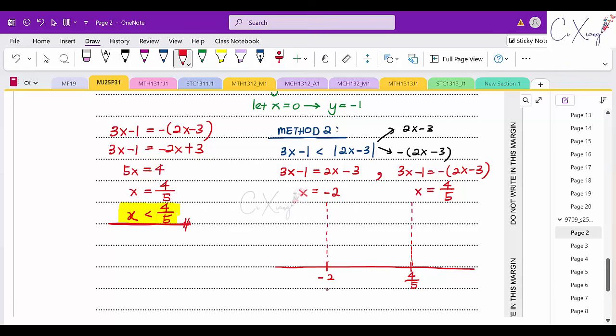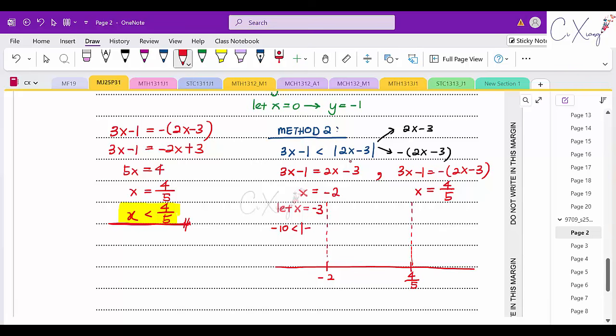So you let any value that is smaller than negative 2 and you substitute into your inequality. As an example, I substitute x equals negative 3. Negative 3 times 3, you have negative 9, minus 1, you have negative 10. Then smaller than modulus of negative 3, substitute inside, negative 6 minus 3, you have negative 9.